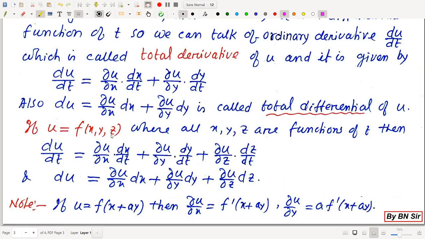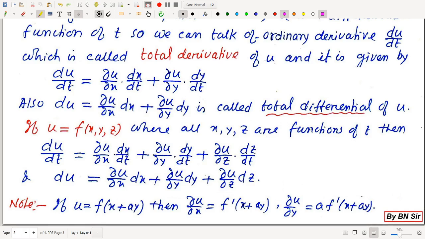Now if u equal to f of x, y, z, where all x, y, z are functions of single variable t, then there will be 3 terms on the right side. Du by dt, the total derivative, is del u by del x dx by dt plus del u by del y dy by dt plus del u by del z into dz by dt, because f has 3 variables under it, so 3 terms. And as before, du will be del u by del x into dx plus del u by del y into dy plus del u by del z into dz. This is the total differential of u.